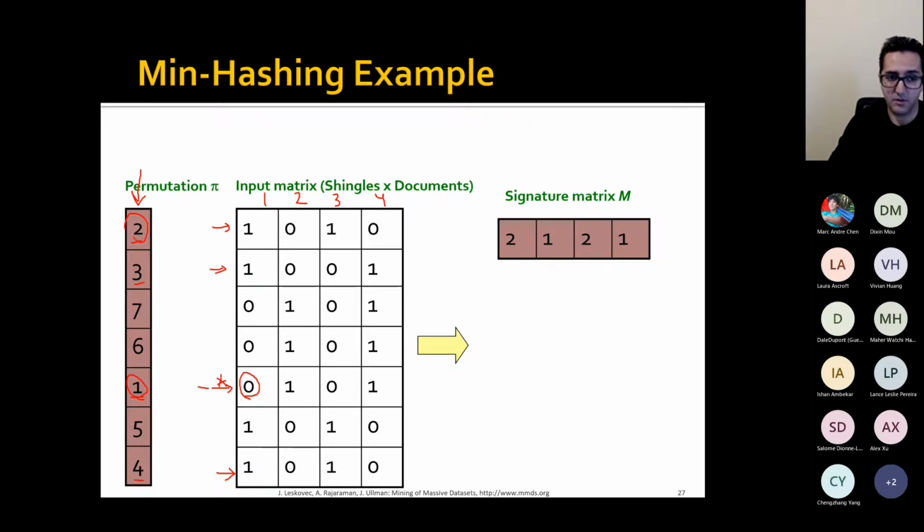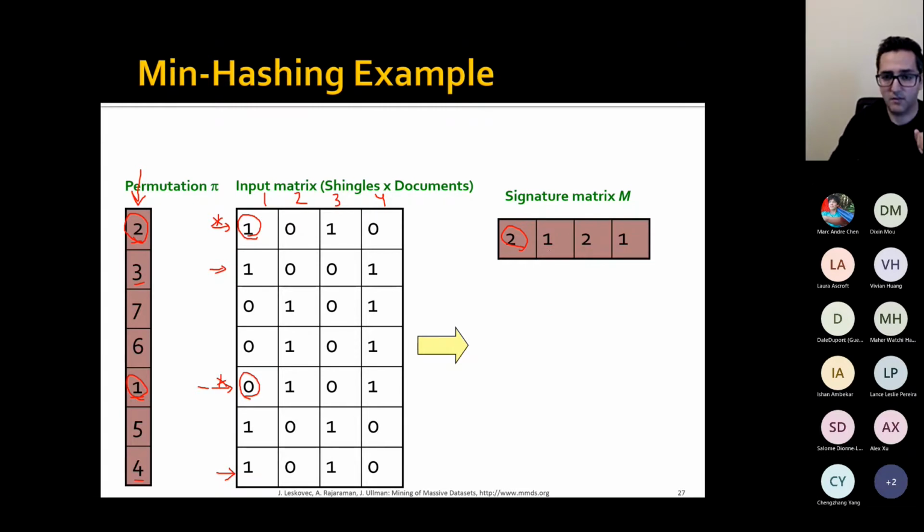Go to the second row. Do you see a 1? Yes. Write down the row number in the new matrix. So I found a 1 in the second row. That is the signature of that column for that given permutation.